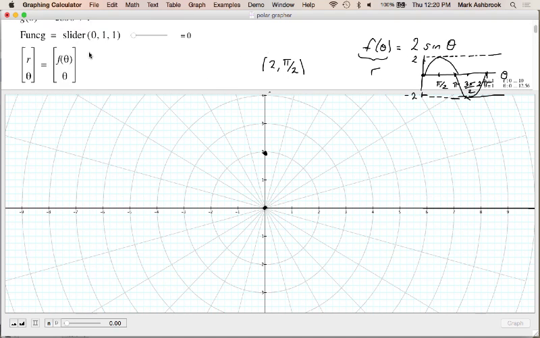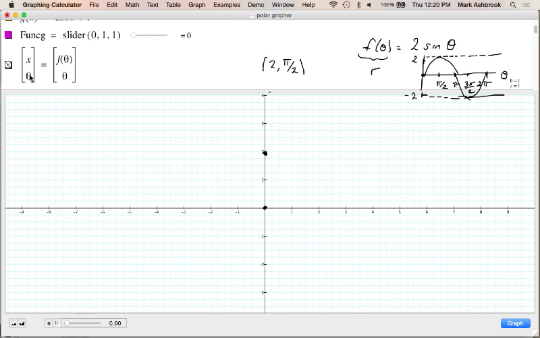So let's see, hopefully this works. It doesn't. Let's try it this way. So what would x equal? It would equal r cosine theta, right? And y would equal r sine theta.